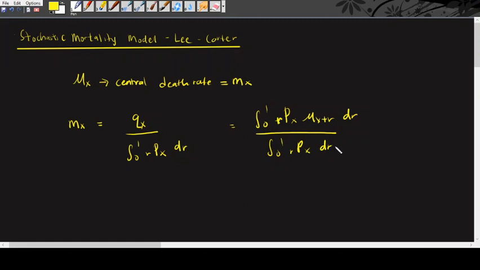Here, mx is the weighted average of the force of mortality between age x and x plus 1, over this integral.